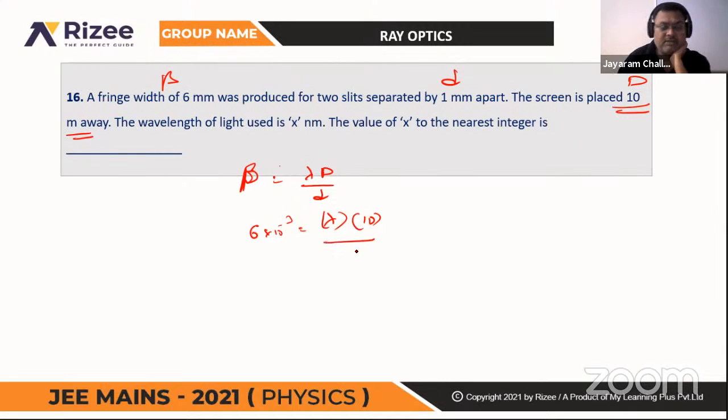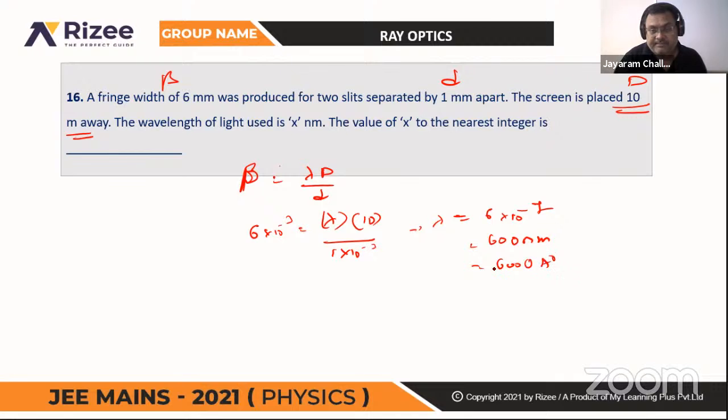Small d also he has given, 1 mm apart, that is 1 into 10 to the power of minus 3. Lambda will be equal to 6 into 10 to the power of minus 7, or 600 nanometers, or 6000 angstroms.